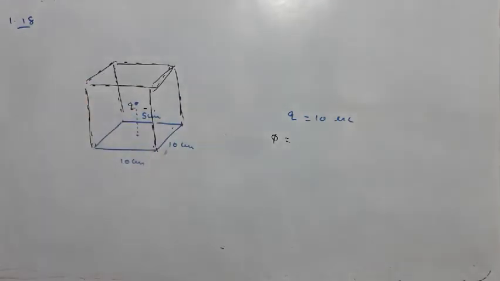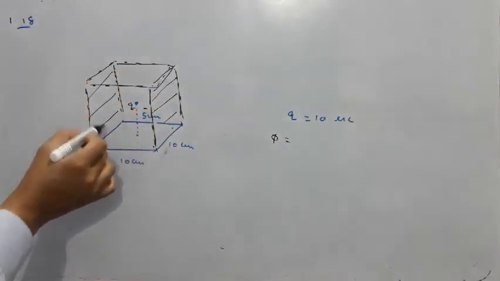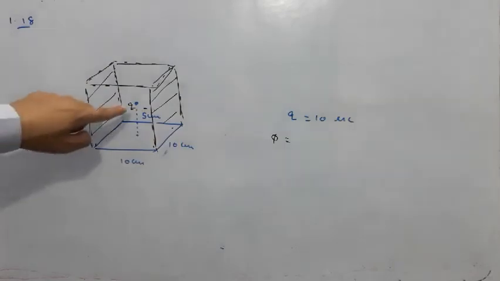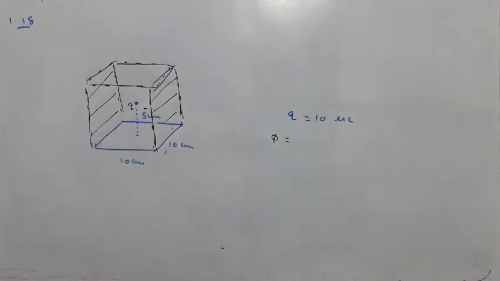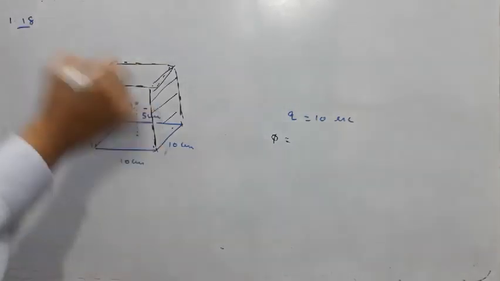Now I think the figure is clear to you. This is the side face. These are the side faces. If you see, this charge Q is placed exactly at the center of this particular cube, and this is a closed figure. So this is a closed surface.